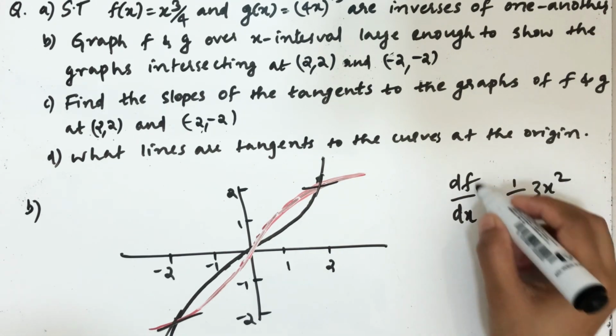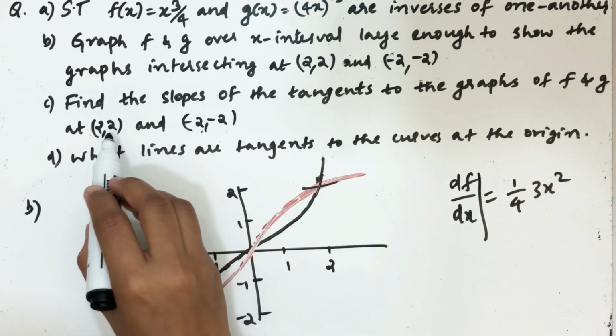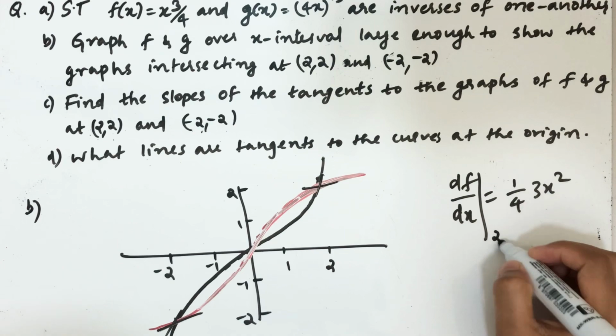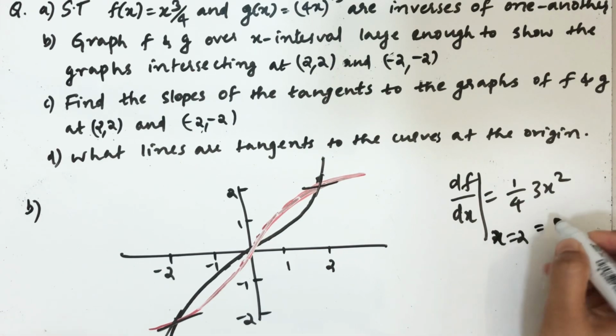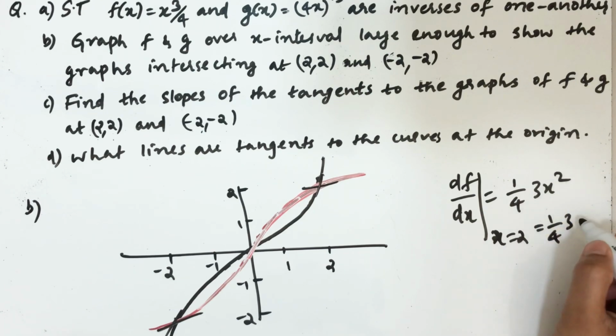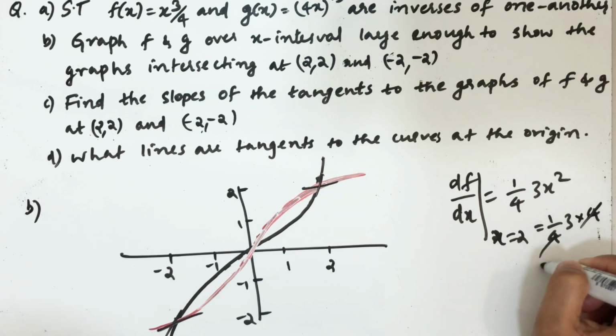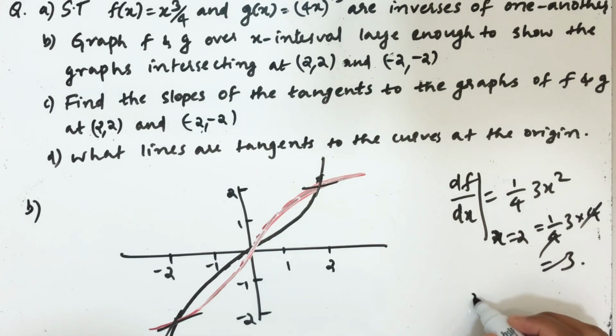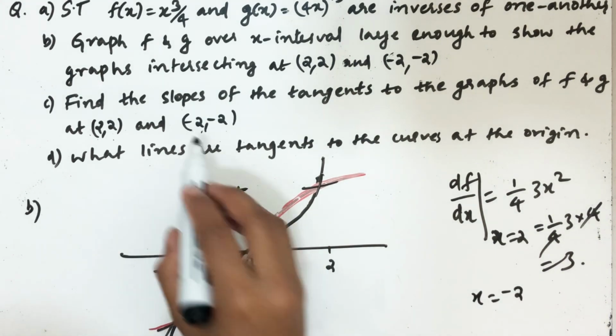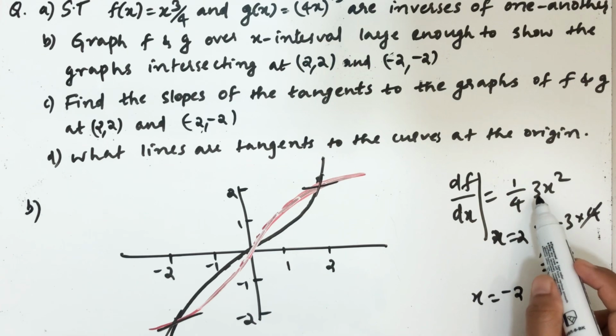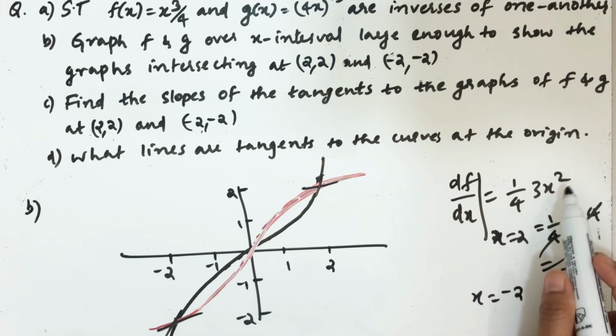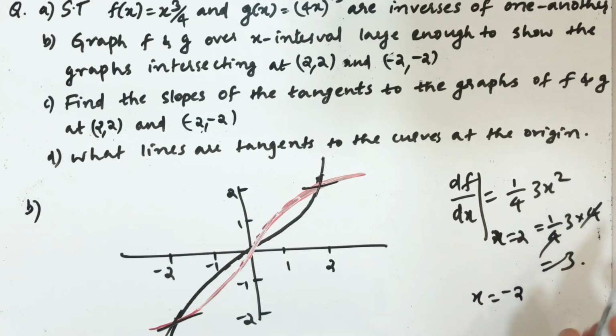At first the point 2, 2, that is at x is equal to 2. This is 1 by 4 into 3 into x square, 2 square 4, which is equal to 3. Like that, at x is equal to minus 2, this will become 1 by 4 into 3 into minus 2 square. Minus 2 square is again 4, so it is equal to 3 itself.